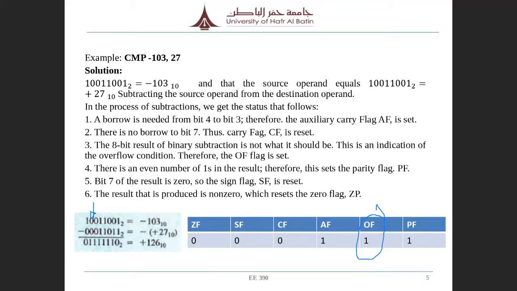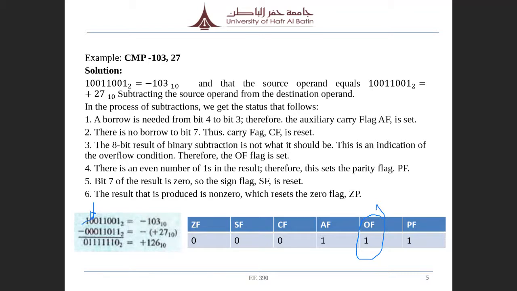Now let us see an example, but we do not have a borrowing. Yes, we do have a borrowing. If you perform the subtraction, you will see that we need a borrow here.